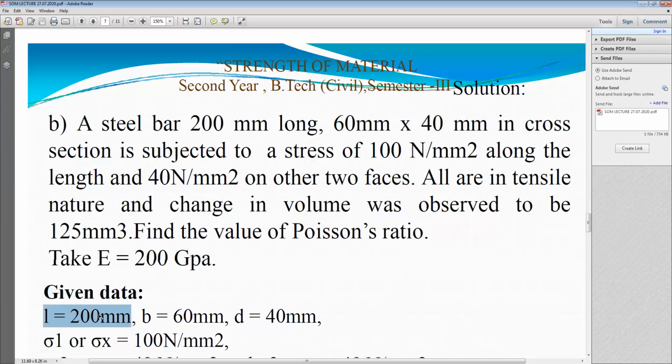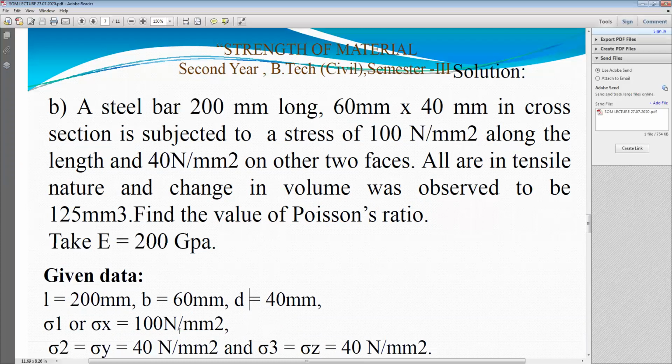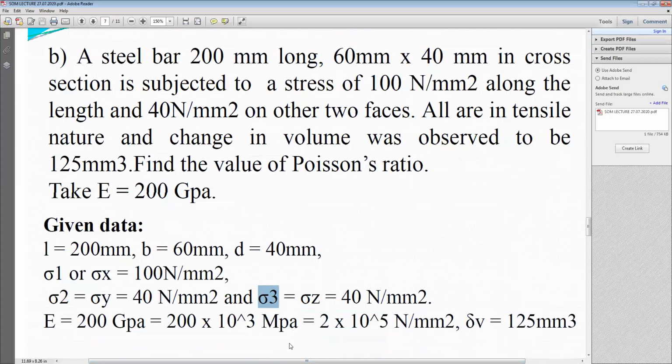Small l, as already mentioned, is equal to 200, small b is equal to 60, small d is equal to 40. When we have not clarified the x-axis, y-axis, z-axis, you can take sigma 1, sigma 2 as well as sigma 3. But when we draw the body and it gets clarified, then you can choose sigma x, sigma y as well as sigma z, as per your convenience.